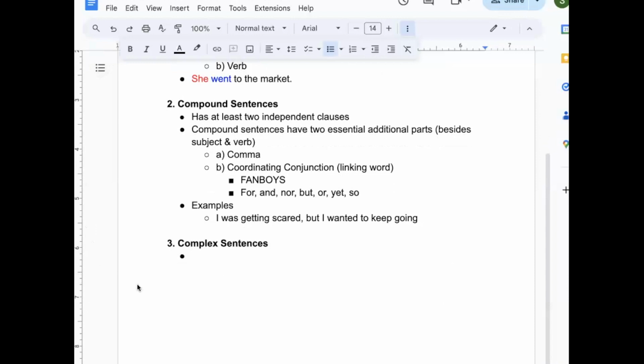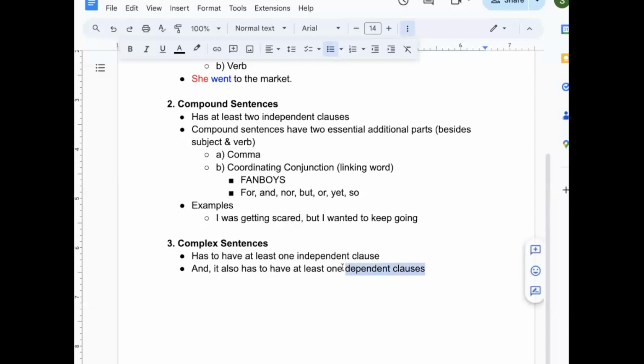It has to have one independent clause and one dependent clause. Good. So it has to have at least one of both. Okay, good job. Was that you, Catherine? No. Maggie. Okay, good job, Maggie. So it has to have at least one dependent clause and one independent clause.